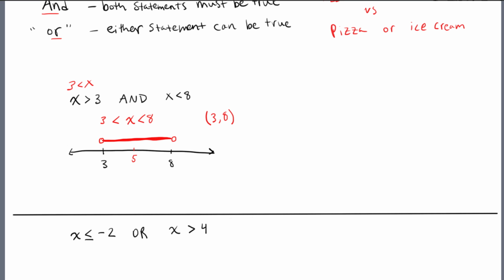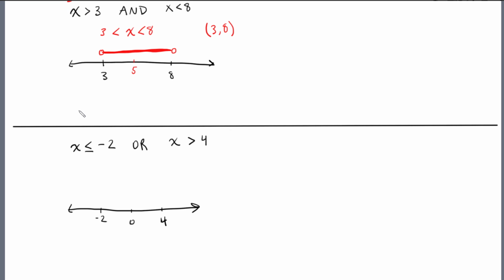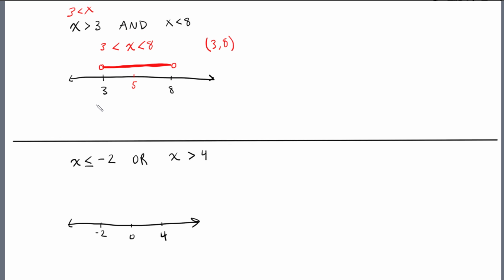Okay, let's look at an or statement. So an or statement, x is less than or equal to -2, or x is greater than 4. So think about what parts of the number line this would satisfy. Now remember, with or statements, we only need one of them to be true.